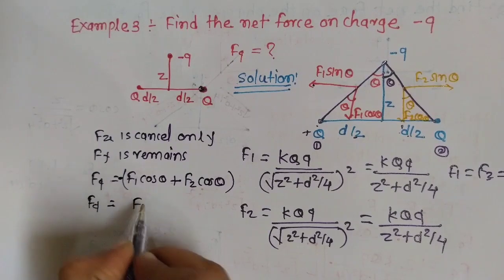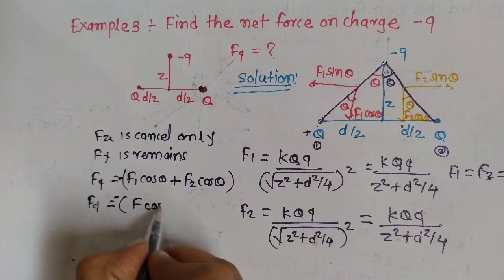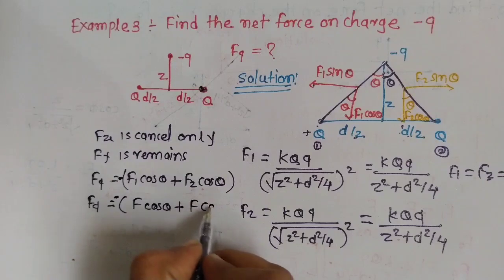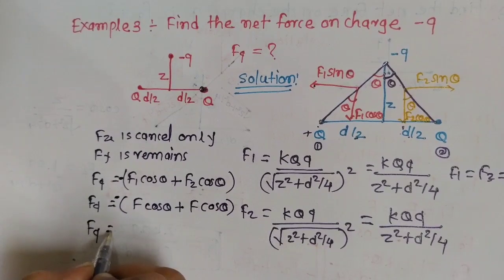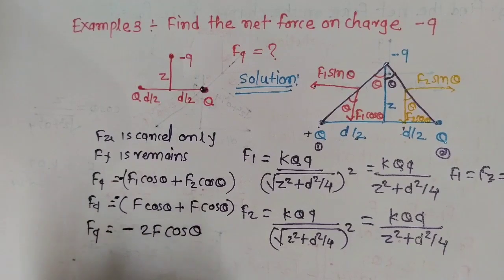Fq is equal to F cos theta plus F cos theta. Fq is equal to minus twice F cos theta.